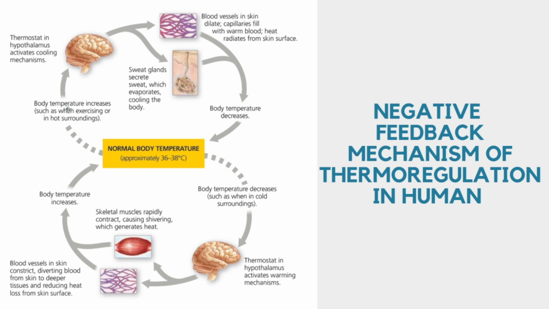What is detected? You need to know your detector, your receptor. It is the heat loss center within the hypothalamus, or thermostat, which is activated for the cooling mechanism. Then they will send the impulse to the effector. There are many effectors.